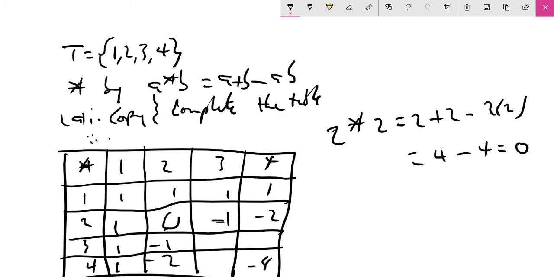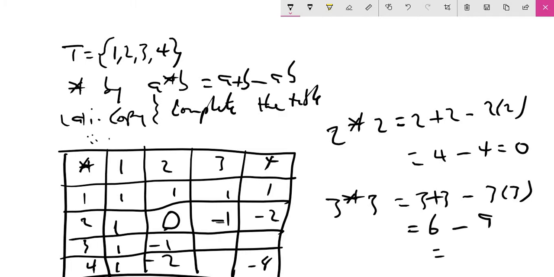So we have 0 here. Similarly, 3 star 3 equals 3 plus 3 minus 3 times 3. This gives 6 minus 9, which gives minus 3. So we have minus 3.